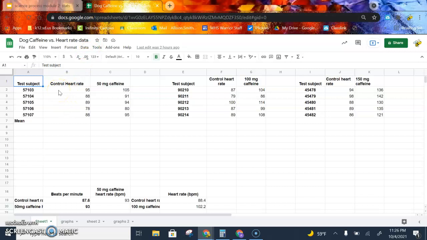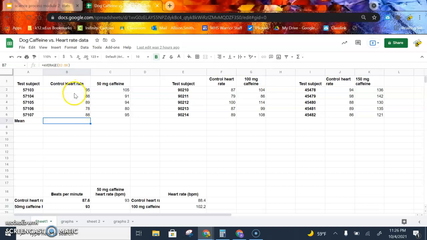So if we go back to my hypothetical data, I have the control heart rate for these 5 dogs right here, and I want to calculate the mean. So I'm going to put 95 plus 88, plus 89, plus 78, plus 88 all into my calculator, and I'm going to end up with 438. But then I have to divide by my sample size.